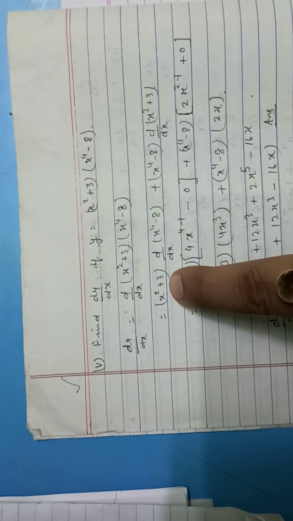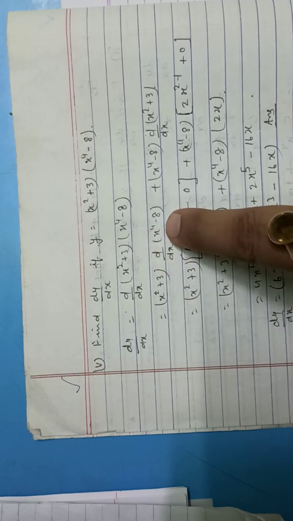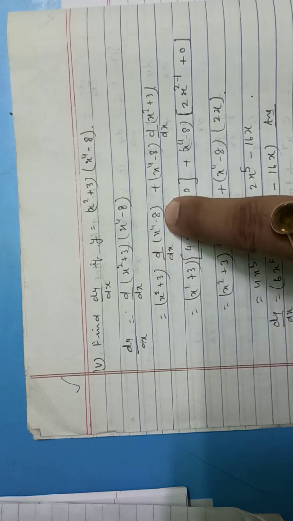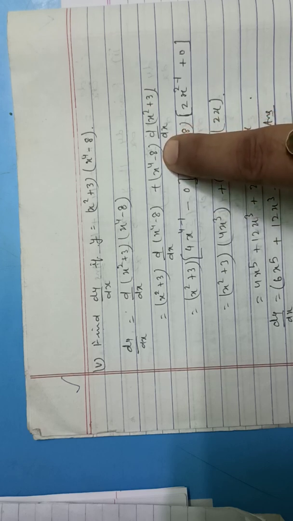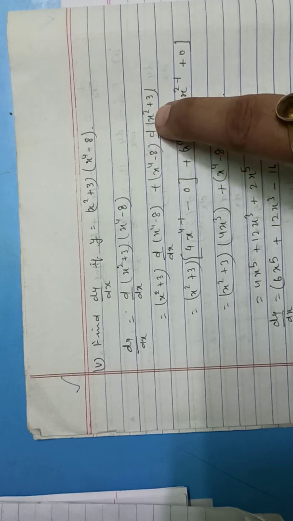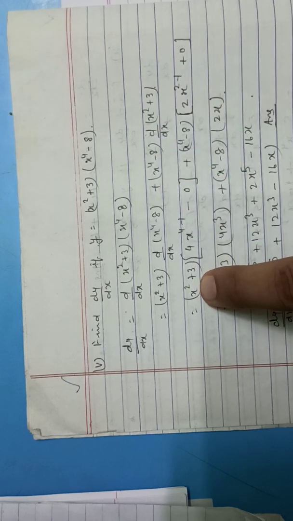U is taken constant, therefore (x square plus 3) d by dx of (x to the power 4 minus 8), plus, again v is taken constant, (x to the power 4 minus 8) into d by dx of (x square plus 3). Is it clear?